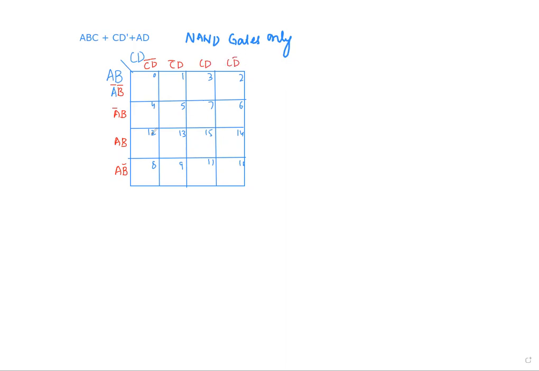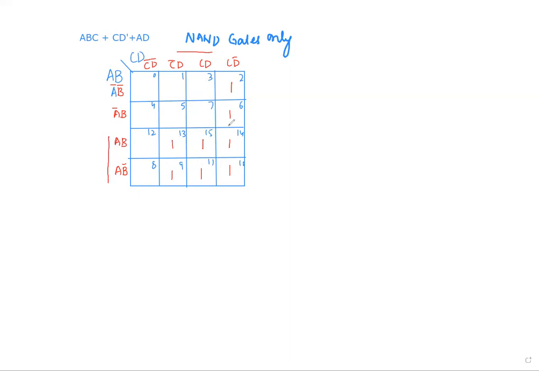So A, B, and then C, where C is constant, you can do that directly. Then CD bar. Then AD, where A is constant and D is constant.